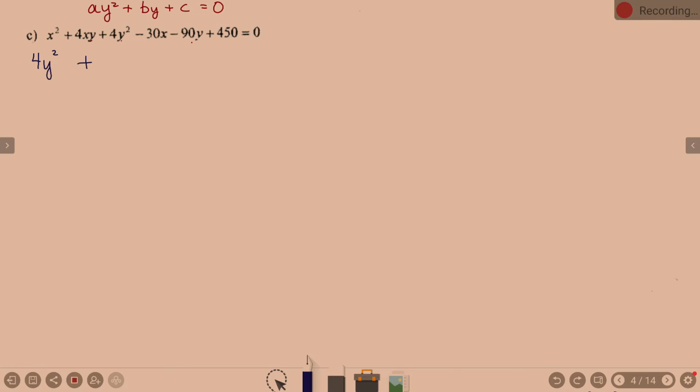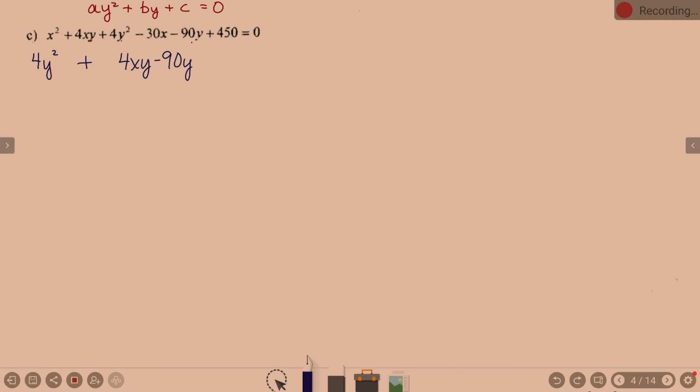There's the minus 90y. And 4xy has a y to the first in it, correct? So we're going to use both of those. We're going to lump them together. So I'm going to say plus 4xy minus 90y. Those are my y to the first terms.